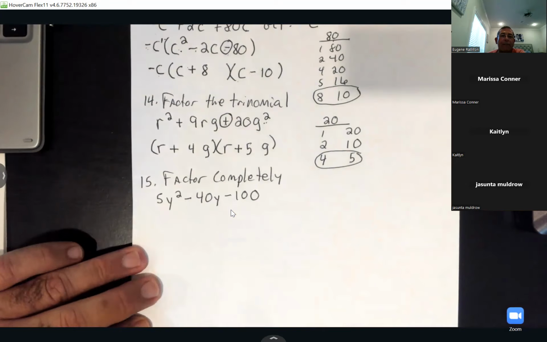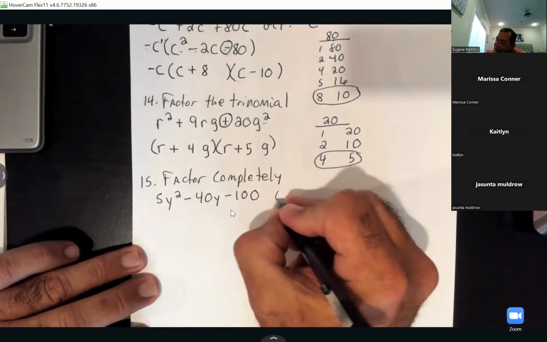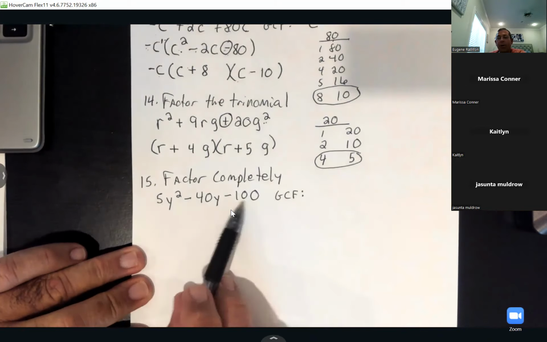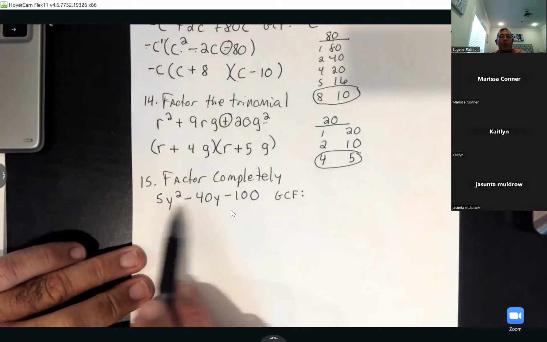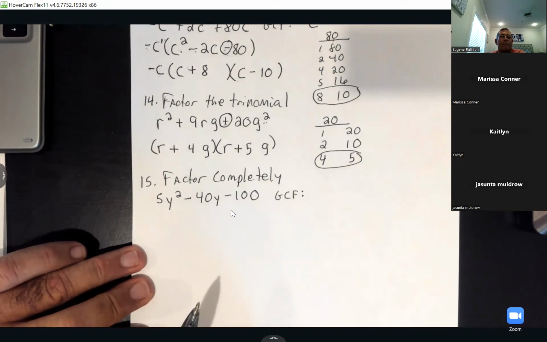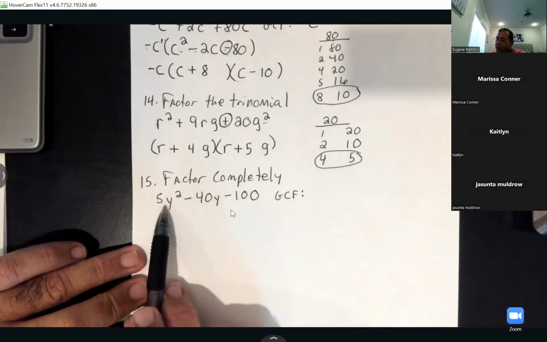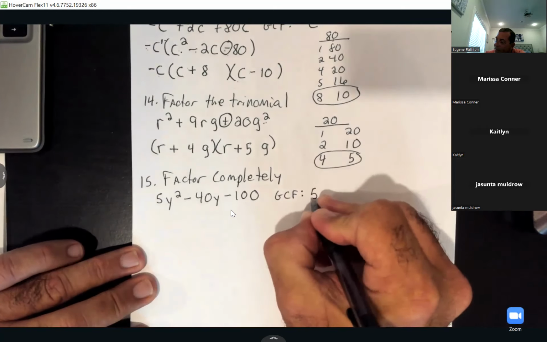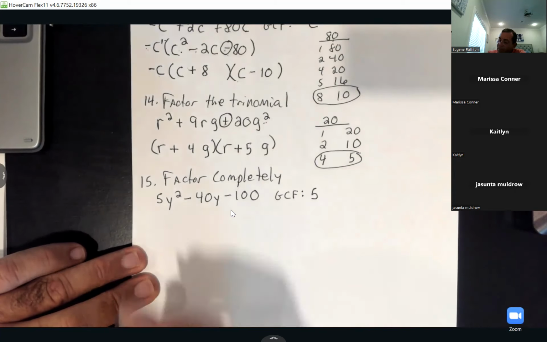Remember, the first thing I'm looking for is a GCF. So I'm going to look at these three numbers, and y'all guess what? They all have a common factor. All three of these numbers will divide by that 5. So my GCF is going to be the 5.